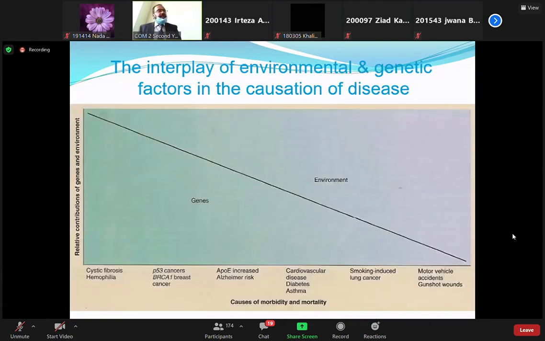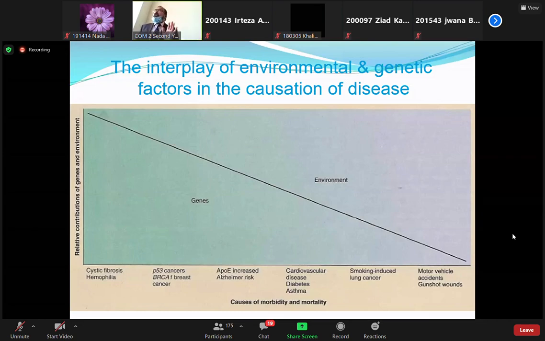Now, this is a chart which shows the genes as well as the environment. If you see at this end, motor vehicle accident or gunshot is purely an environmental factor. At the other end, cystic fibrosis or hemophilia is 100% genetic. Like P53 in cancer, or BRCA1 in breast cancer.